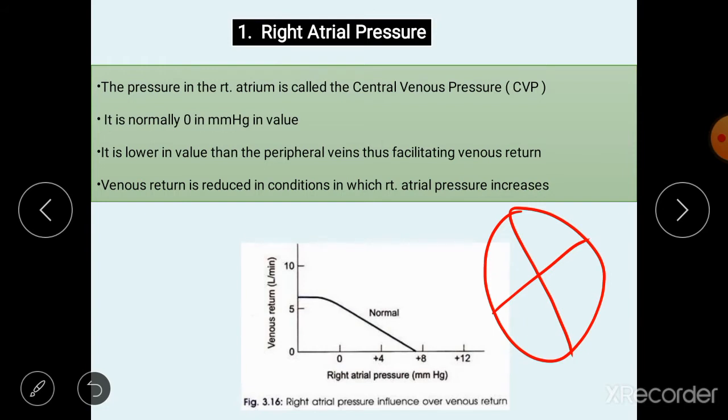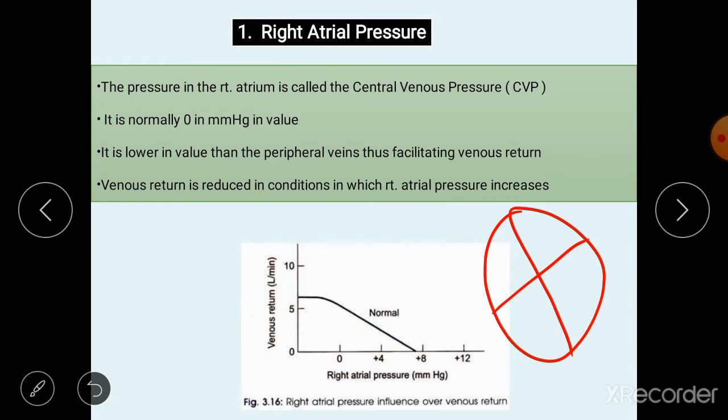Because right atrium is the center of your venous system. All your veins drain into the right atrium. So the pressure in the right atrium is known as the central venous pressure, and in all of your venous tree or venous system, the pressure is lowest in the right atrium. So the blood can flow from your peripheral veins into your right atrium.